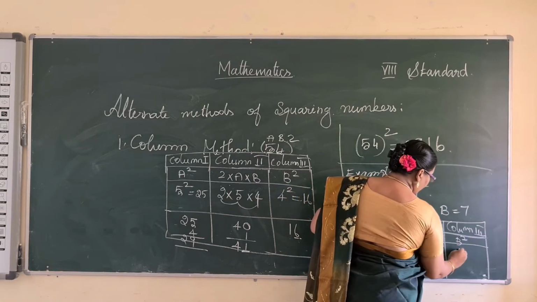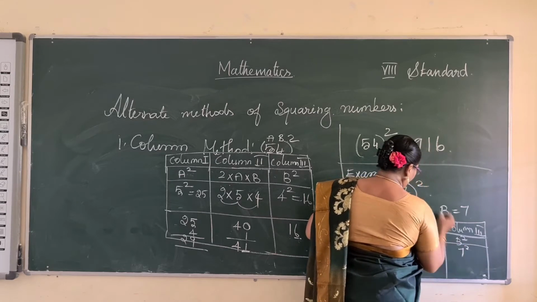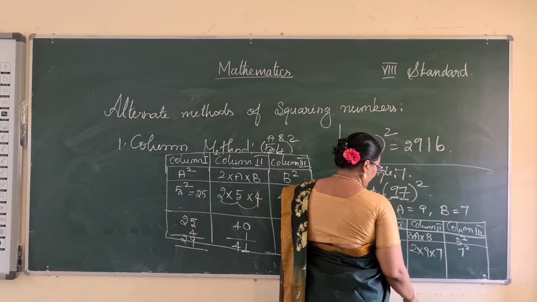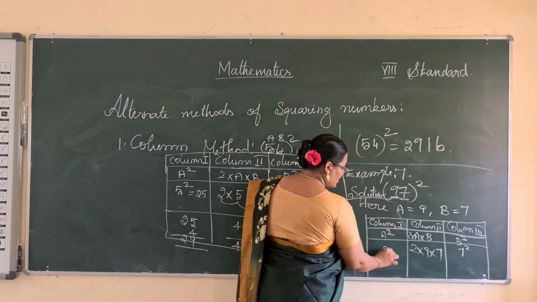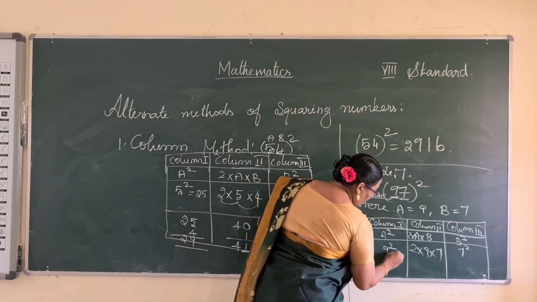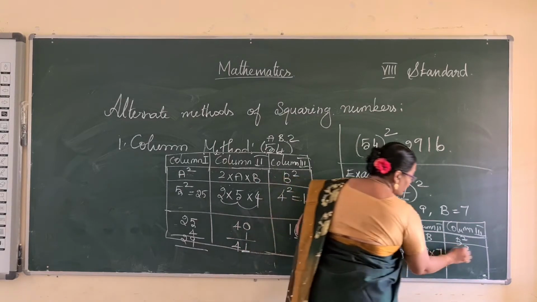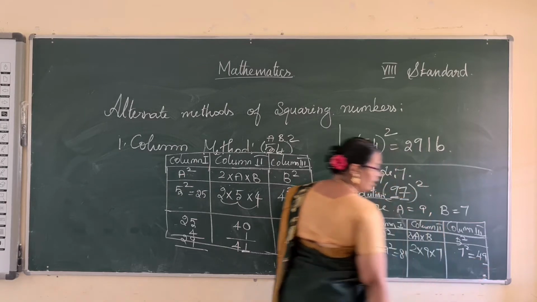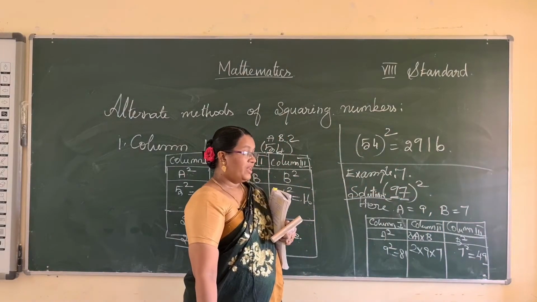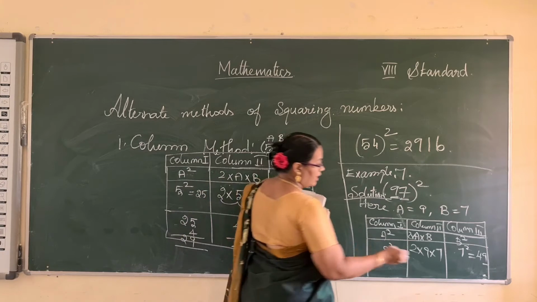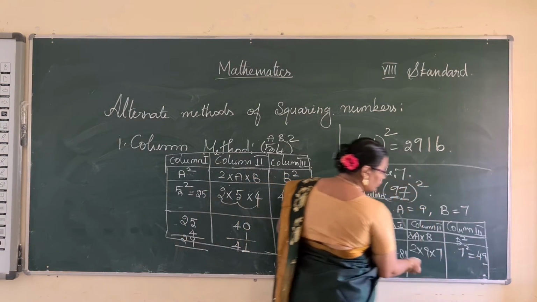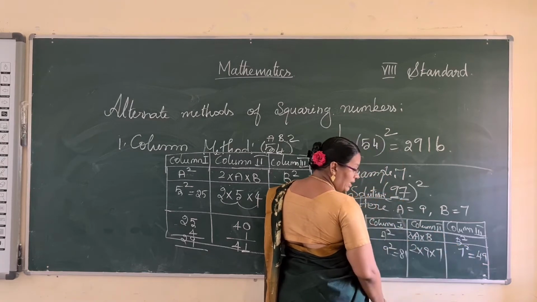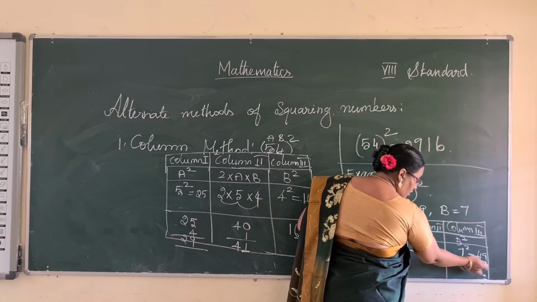What is the b value? 7 squared. And here 2 into 9 into 7. And the a value is 9 squared. The value of 9 squared is 81. Here 7 squared is 49. Consider the unit place and underline it, and then the 4 moves to column 2. Start from column 3 for the calculation. 7 squared is equal to 49.